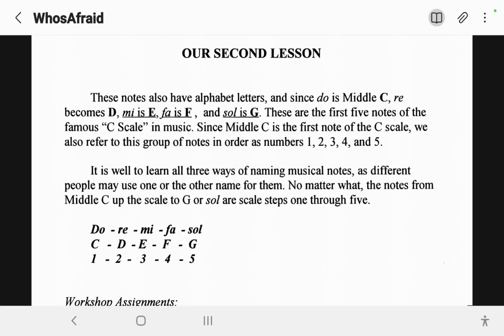The numbers are called scale degrees, and these are very heavily used when you get into higher levels of music. And the alphabetic letters like C, D, E, F, and G are actually derivative of what are called clefs that sighted people use to read their music.